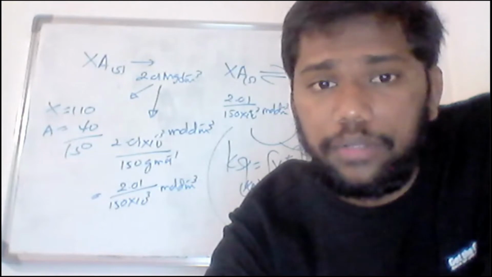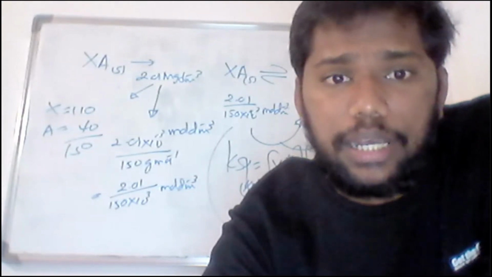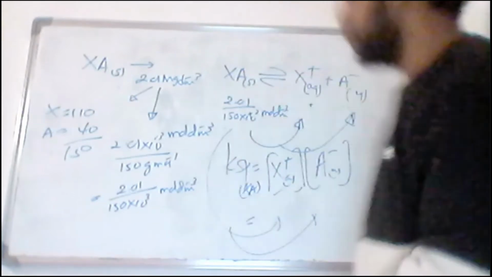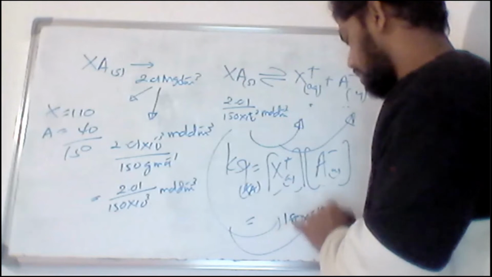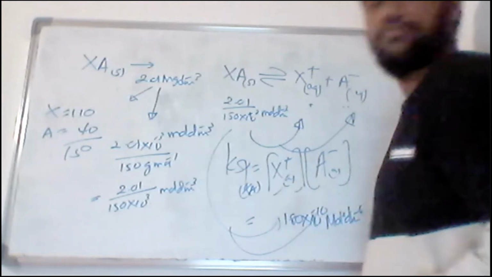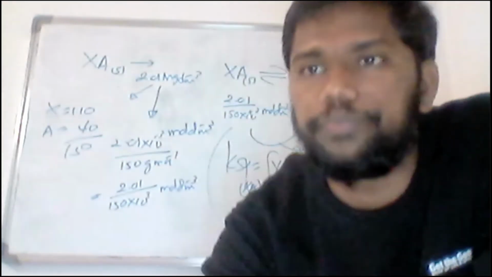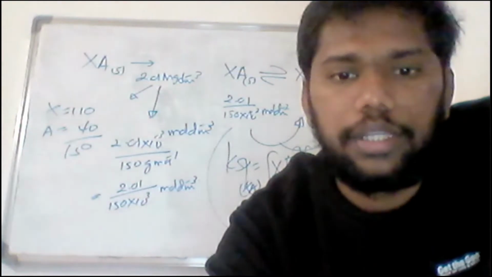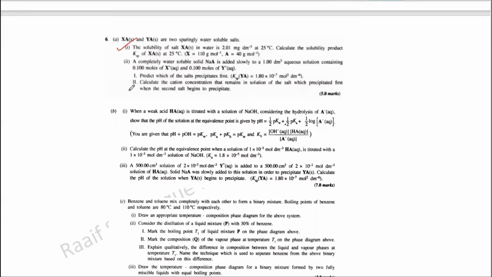Quickly, I will tell you the value: it will be 1.80 into 10 to the power minus 10 mol squared dm minus 6. So this is a value that you should know. Okay, so this is done.